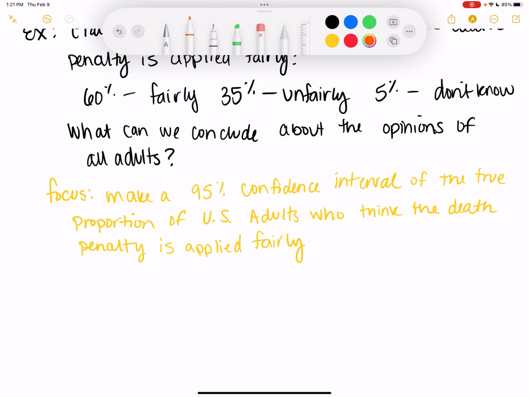So, as has been the case for the past however many sections, we check the conditions. Is each person independent of the other?